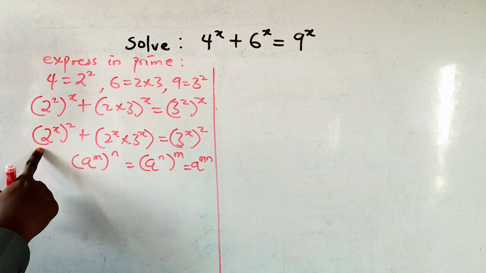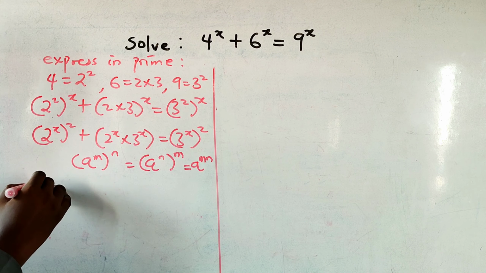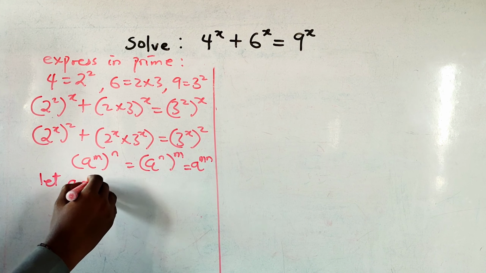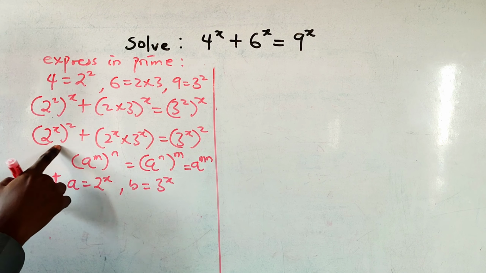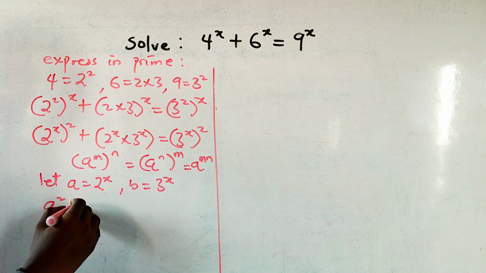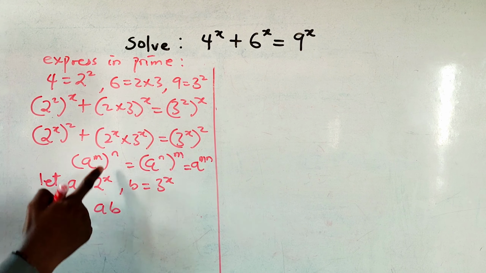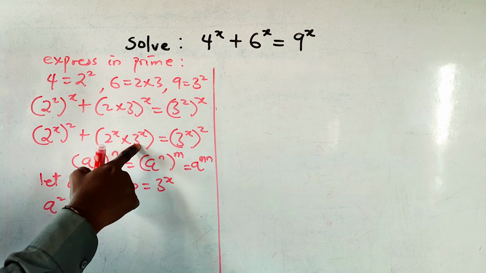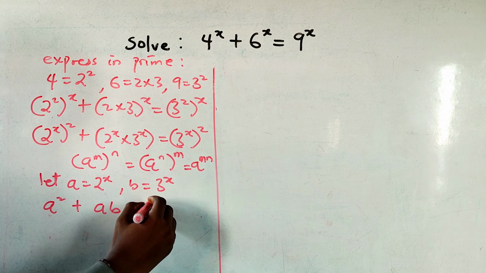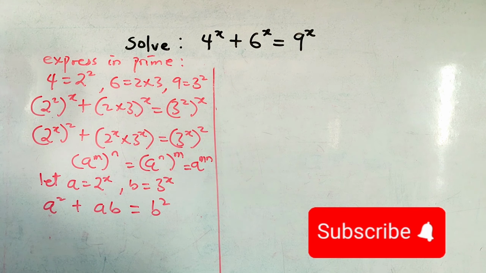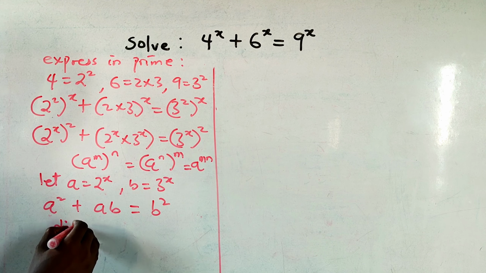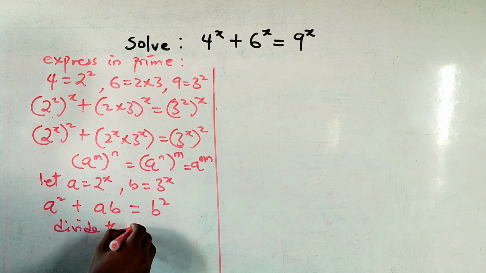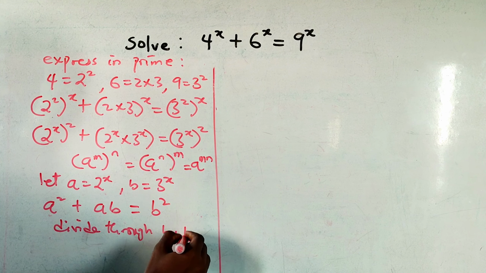All right, so since we've understood that, we'll say let a be 2 to the power of x and b be 3 to the power of x. So here I'm going to have a squared plus ab, because 2 to the power of x is a, and this is b, and this is b squared. At this point, I'm going to divide through by b squared.